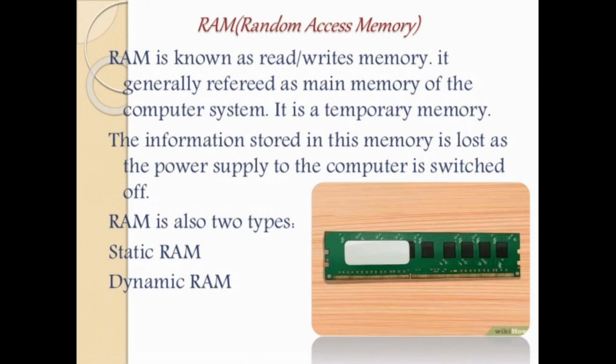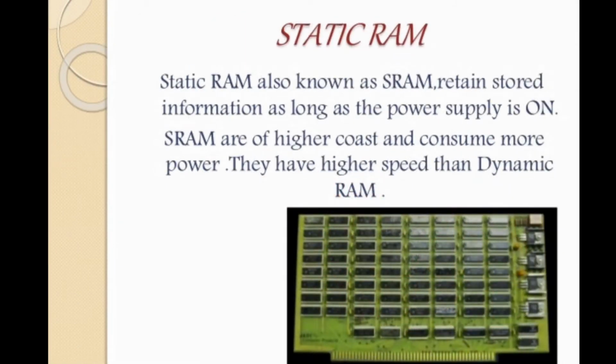Let's now see here. First is static RAM. Static RAM is also known as SRAM. Static RAM retains stored information as long as the power supply is on. Static RAM is higher cost and consumes more power. It has higher speed as compared to the dynamic RAM.